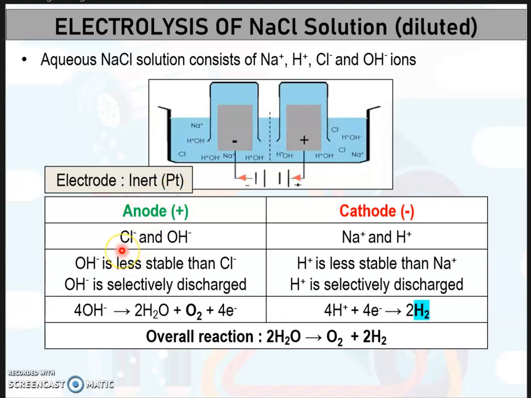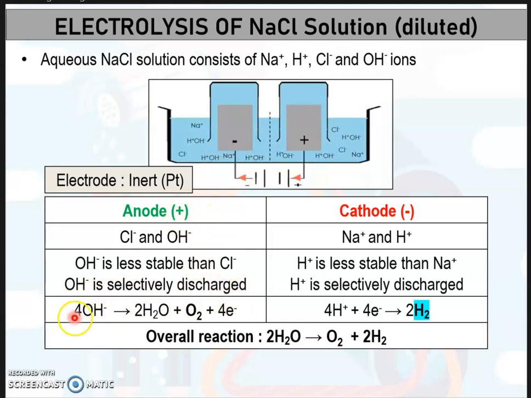At the anode, either chloride ion or hydroxide ion will be discharged. So if you refer to the table, OH is less stable compared to chloride ion. Hydroxide ion is less stable compared to chloride ion. So hydroxide ion is selectively discharged at the anode.